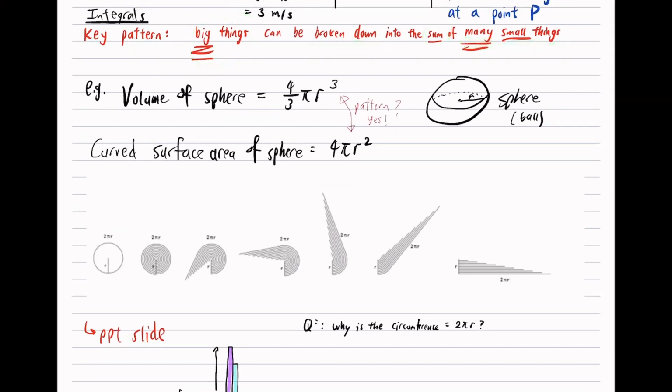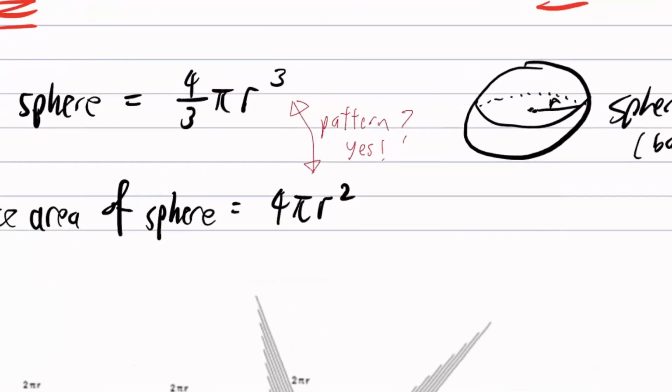Okay? So what do I mean? Let's go back to the example of volume of sphere and curved surface area of sphere. Is there a pattern? Yes, there is a pattern. I already talked about it.